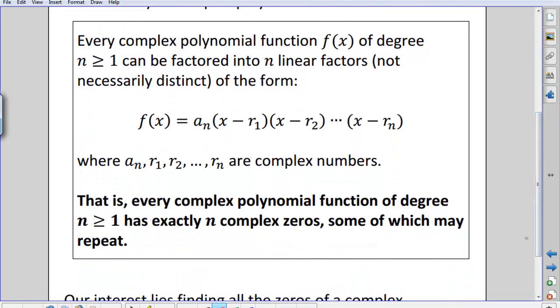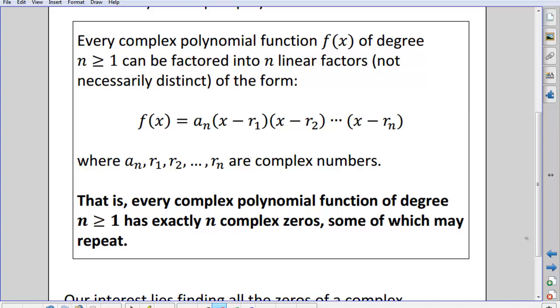One result of the fundamental theorem of algebra, though, is something we're going to use in this section, and it has to do with how many zeros there are for a complex polynomial function. We said in the last section that for a polynomial function having real zeros, you have a maximum number of real zeros that's the same as the degree of the polynomial.